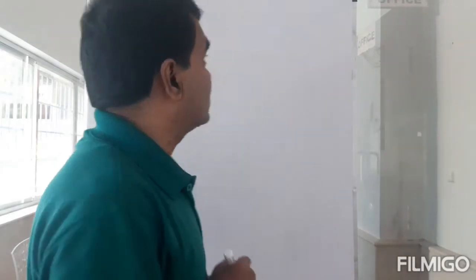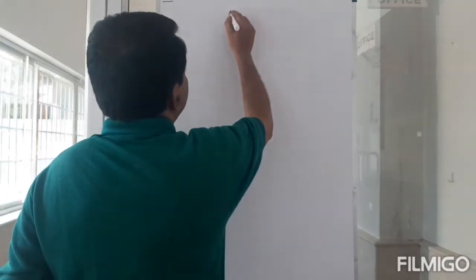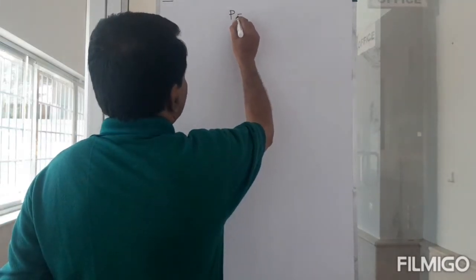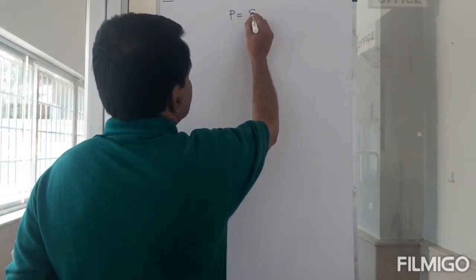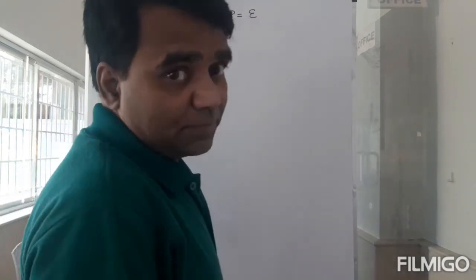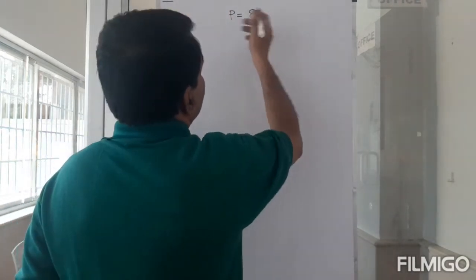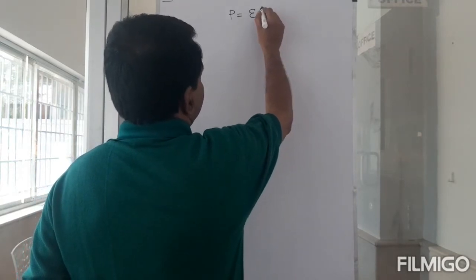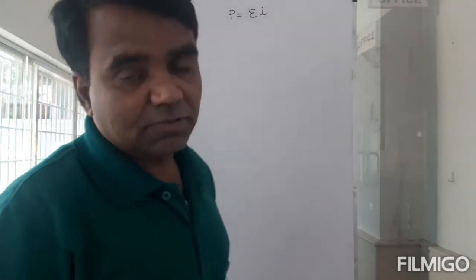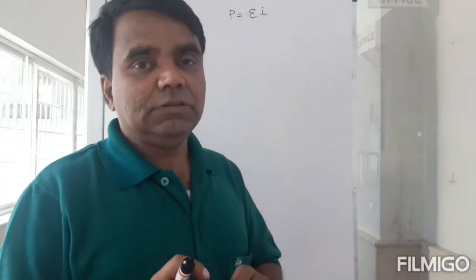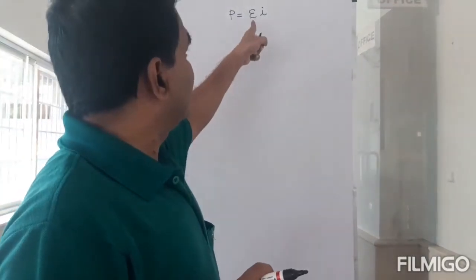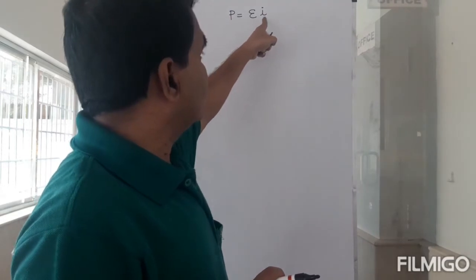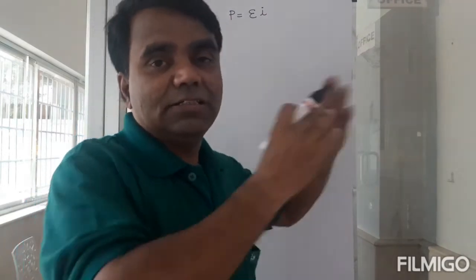In this case, P is equal to the induced EMF epsilon multiplied by current I at any instant in time. P is given by epsilon into I.